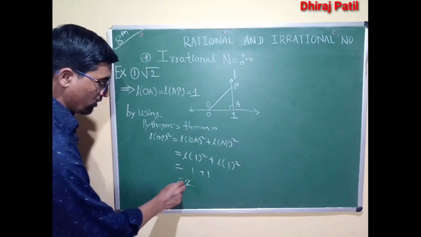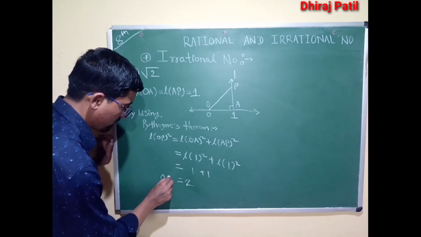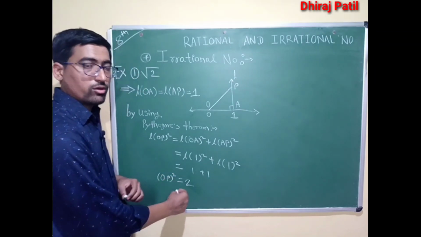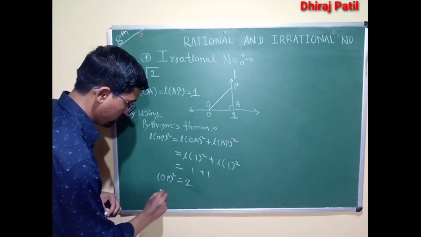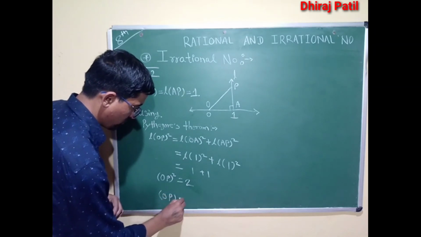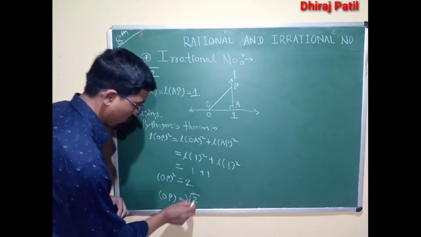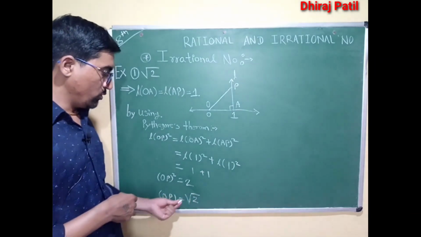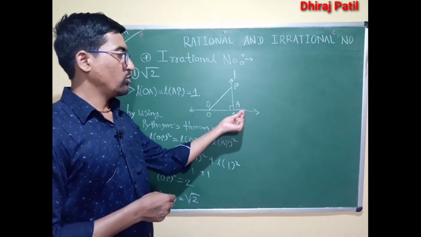Now friends, this is our OP square. By taking the square root on both sides, the length of OP is √2. By using Pythagoras theorem, we have calculated the root 2 value. Here we have to represent the root 2 value.